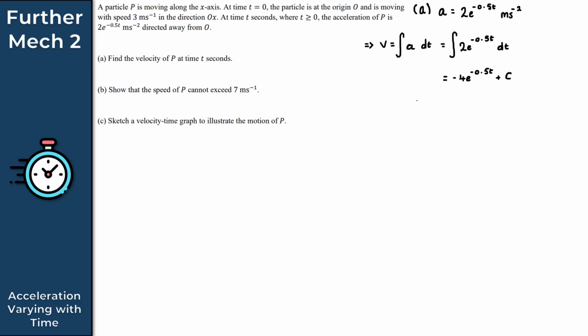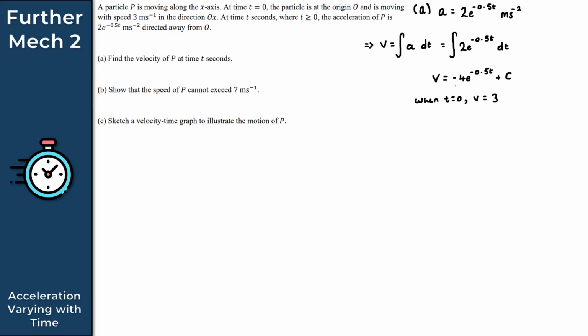Let's make a quick note. When t is equal to 0, the speed v is equal to 3 meters per second. So what we're going to do is substitute these initial conditions into this expression for v.